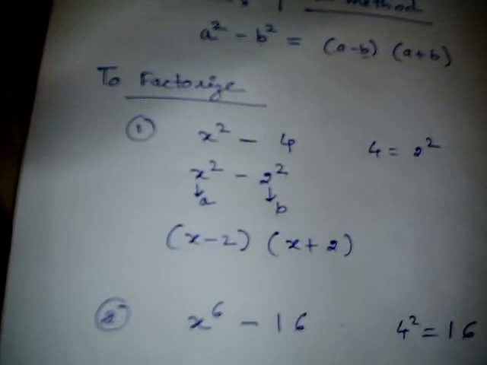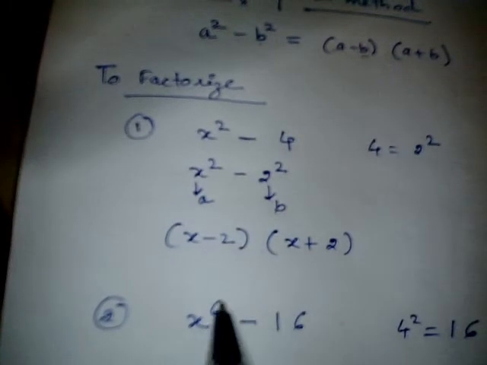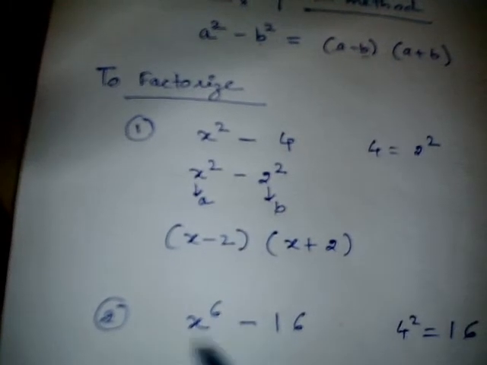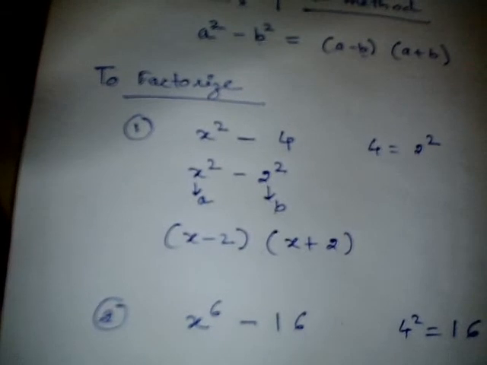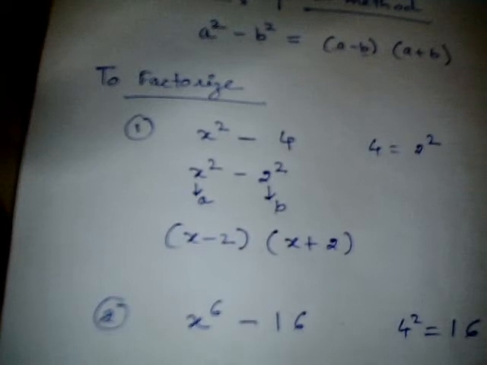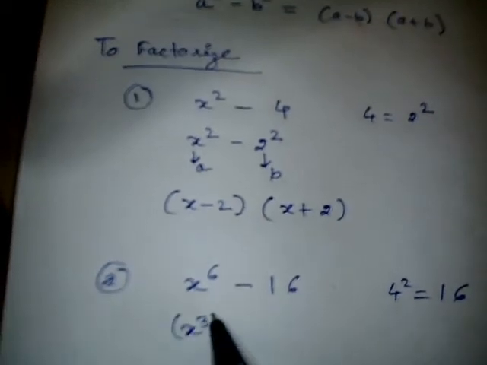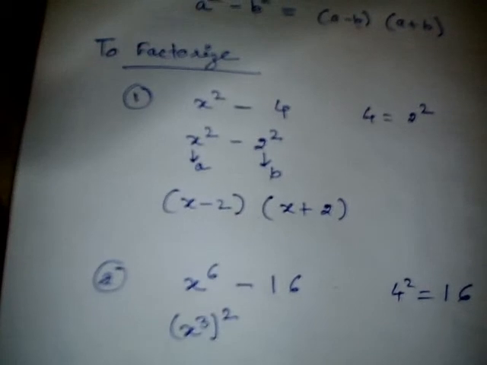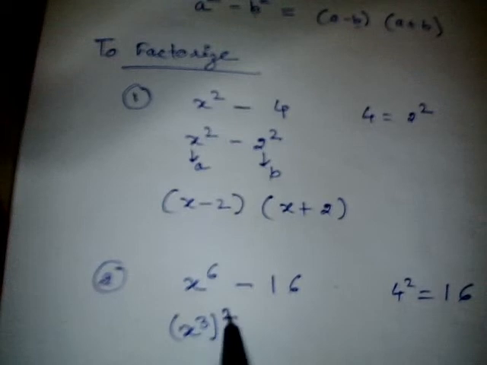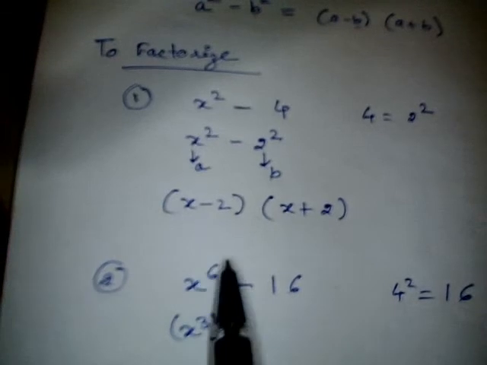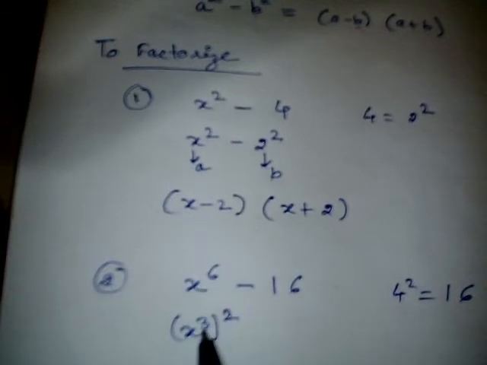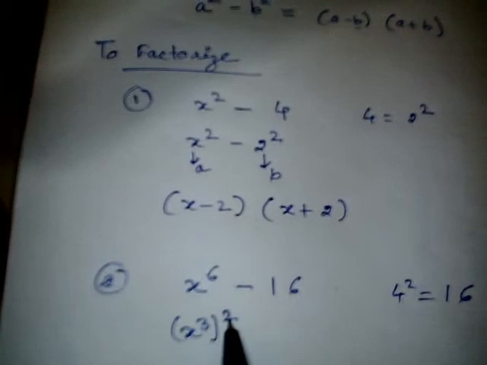But how would x to the power 6 be converted into square form? Because the power is 6, I can write it like this: power to the power gets multiplied, and 3 times 2 is 6. So I can write x cube and whole power 2, because outside we need the square, and this is going to be 4 square.